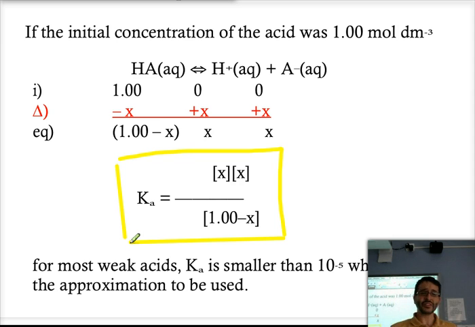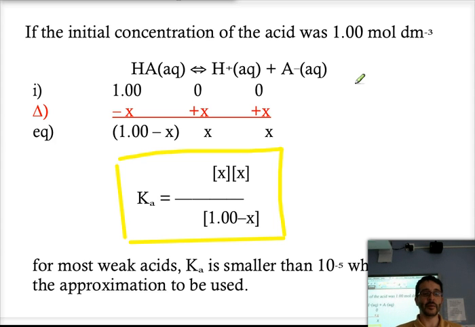Now, this is useful, and if we work with this, we're going to end up with a quadratic equation. Now, if the value of Ka is given to us, and it's larger than 10 to the negative 5, or even sometimes 10 to the negative third, we have to solve the quadratic equation, or maybe if we're lucky, we can do some square rooting, and we can solve the entire problem.